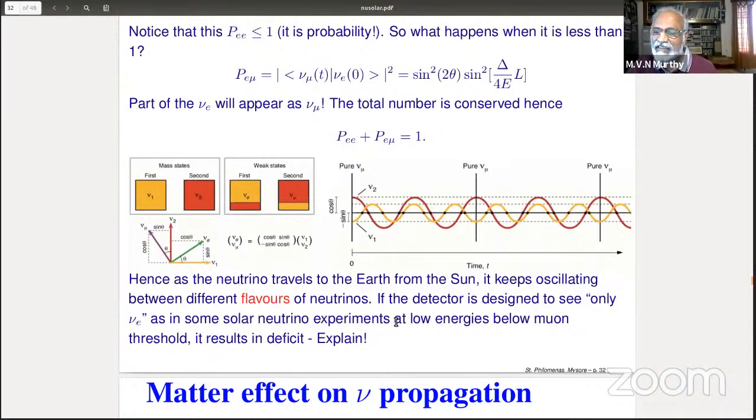Actually, Davis's detector could only see the electron neutrino. It had no ability to see the muon neutrino because, one, the converted muon neutrinos also have the same energy as the original electron neutrino, that is in the MeV range, and the detection is done through charged-current interactions.